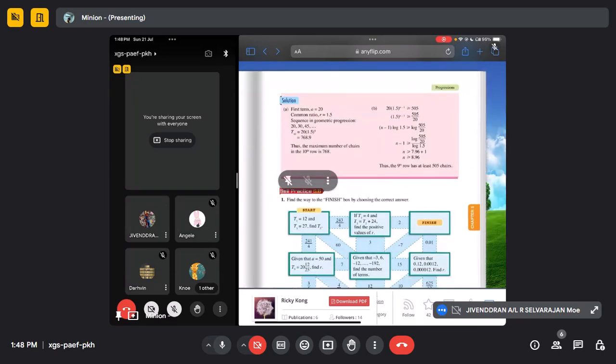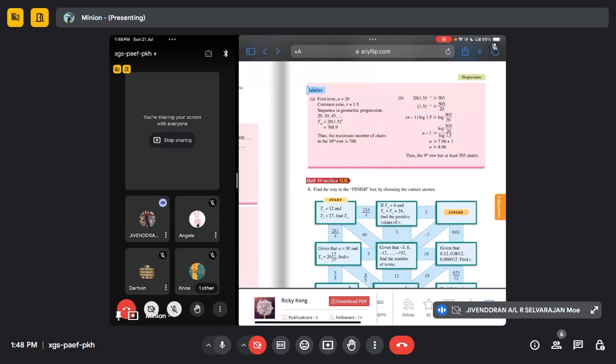So they are saying at least, which means more than or equal to. That means it can be 505, 506, 507, and so on. But they didn't say it is exactly 505. They say at least, so it must be more than or equal to. So Tn will be more than or equal to 505.